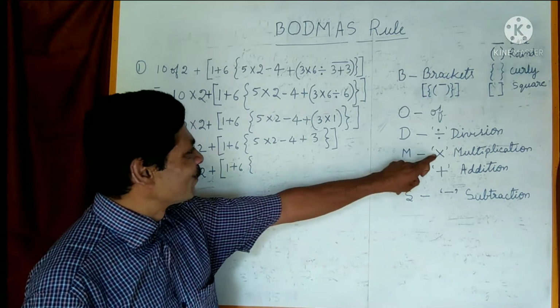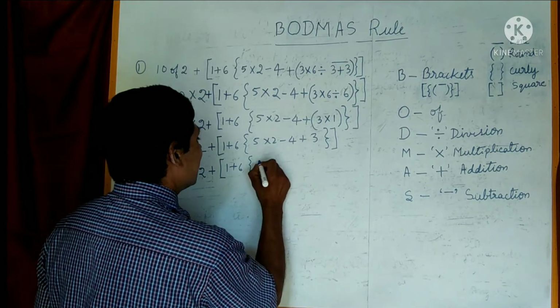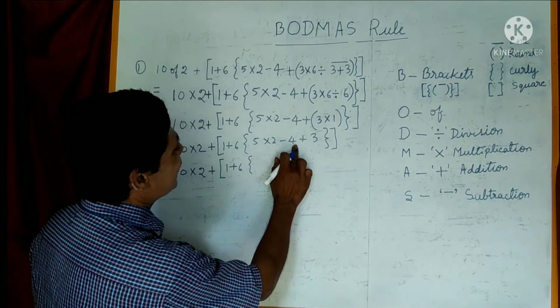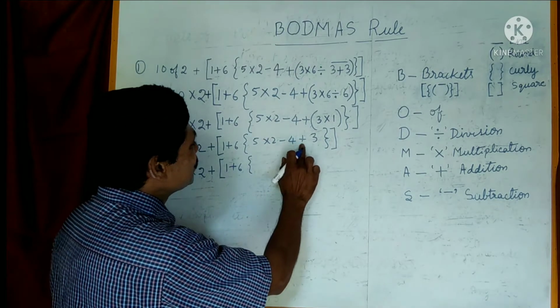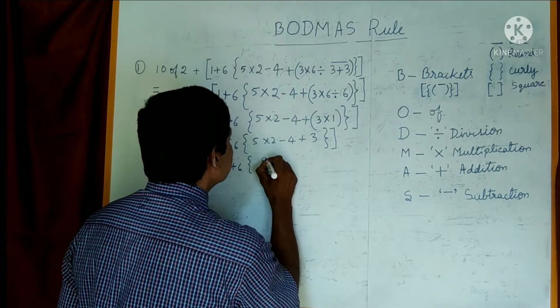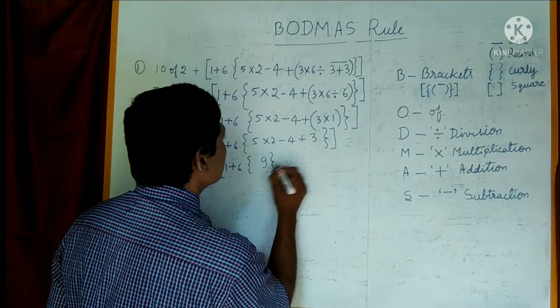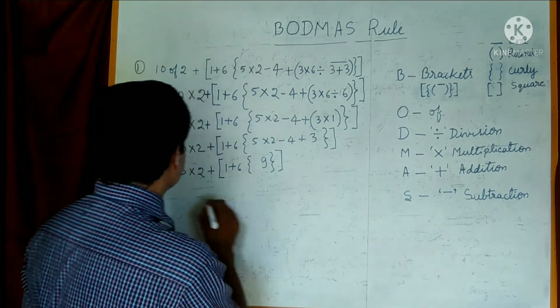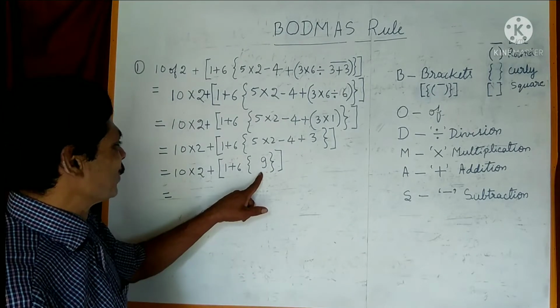That means we have to do the multiplication first. Okay? 5 into 2 is 10. 10 minus 4 is 6. 6 plus 3 is 9.